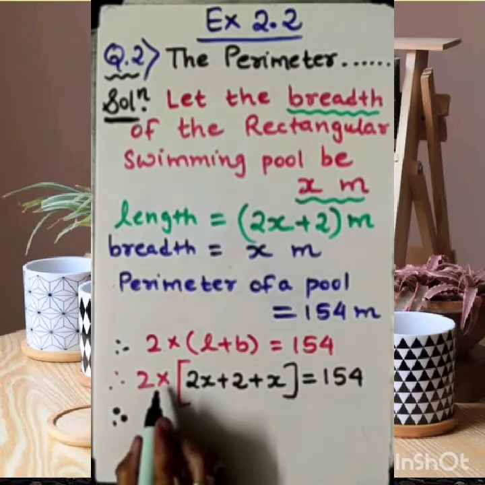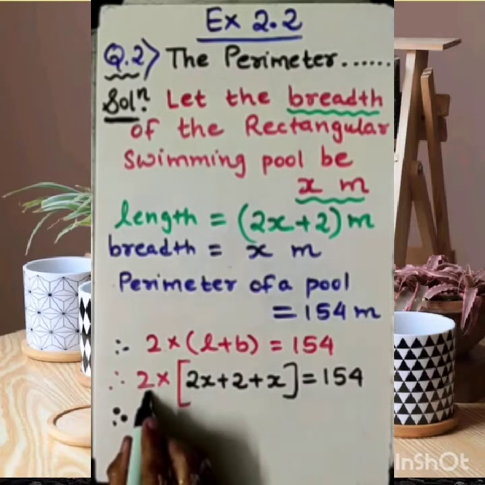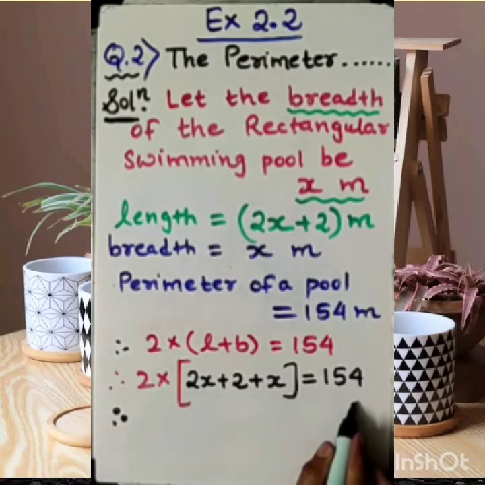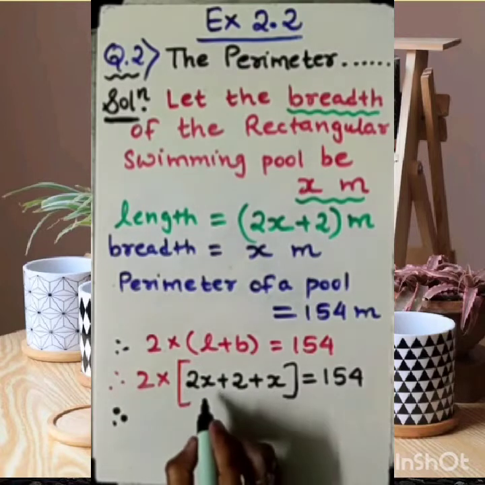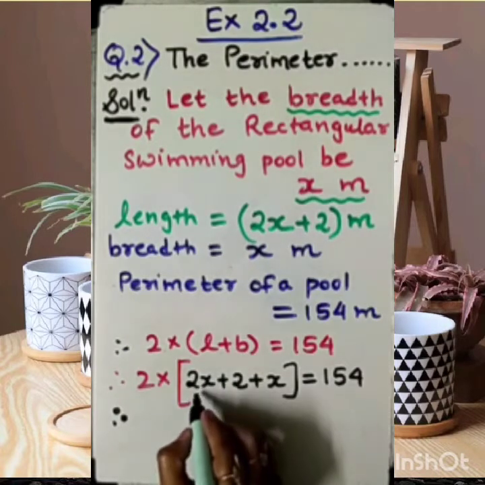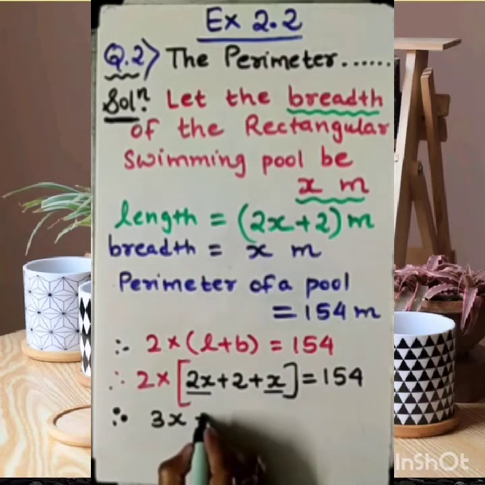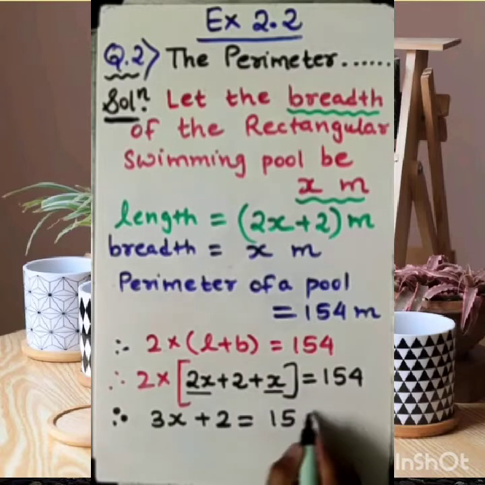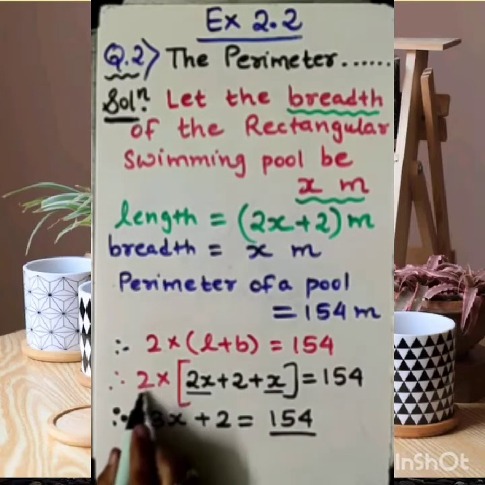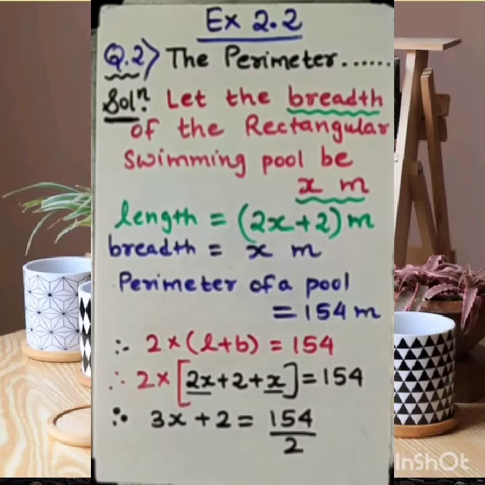Now this 2 is in product here. I am bringing it to this side, so it will become the denominator this side. What will be left here? You know very well, 2x plus x, that is 3x plus 2. So 3x plus 2 equal to 154, and this 2 is in product, so I am bringing it to this side, so it will become divisor.